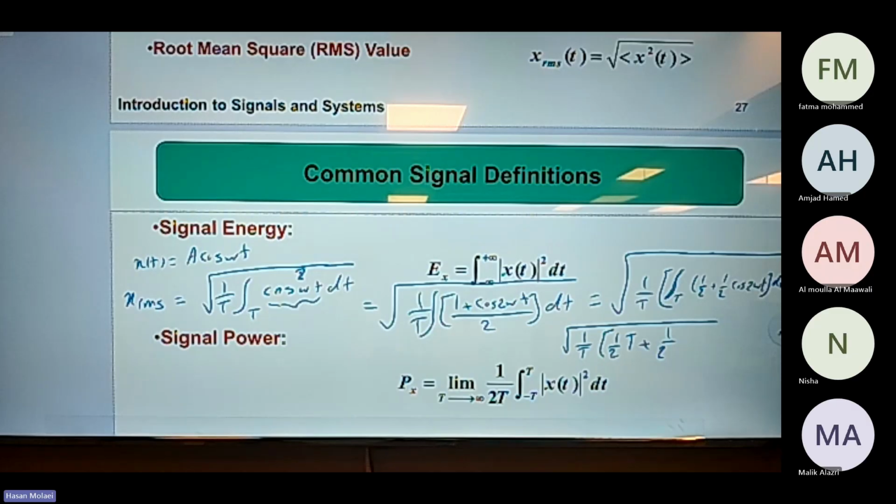The integral of cosine alpha t is sine. Here we have a coefficient 1 over 2 omega, sine of 2 omega t from 0 to T.